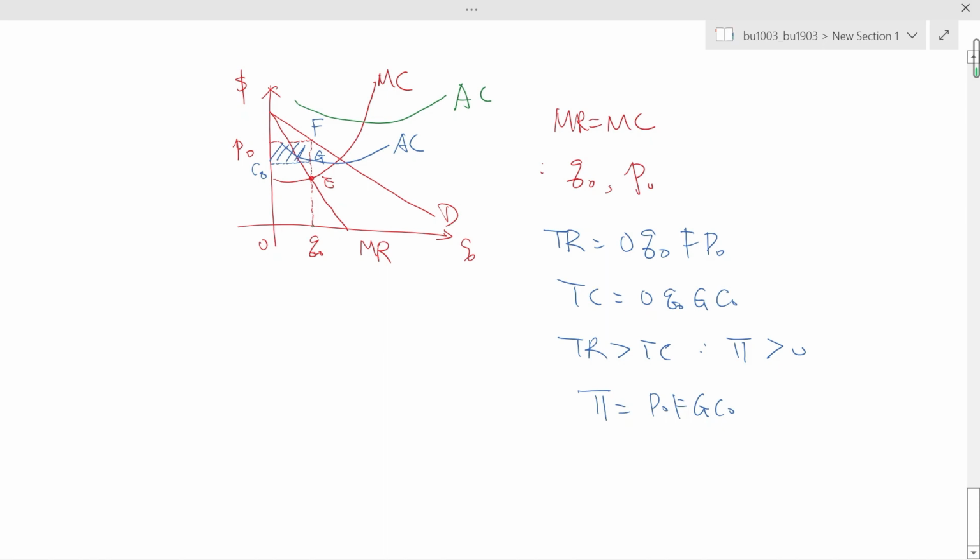Then go from Q0 up to the new average cost curve, and then across to find the new average cost. This is called C1. And this is H. So now total cost is that rectangle of O Q0 H C1, and we can see that it is now bigger than the total revenue.